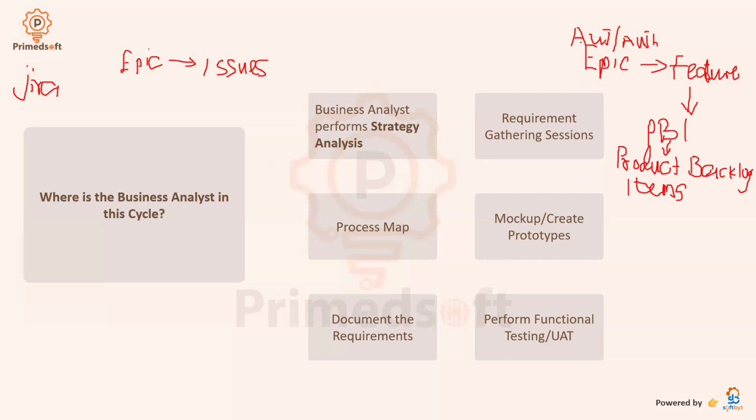Can you see? One epic. Then inside the feature, because the feature will be under epic, we break it down to authentication. That's one feature. The next feature is authorization. Does that make sense?